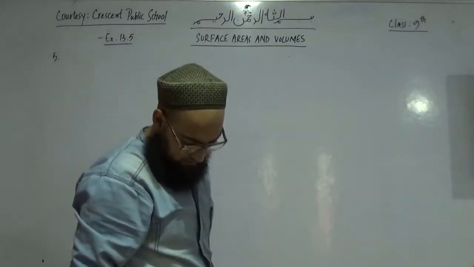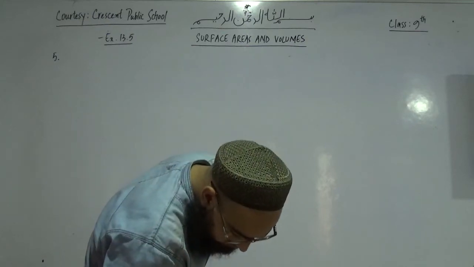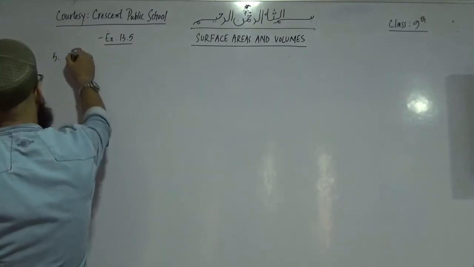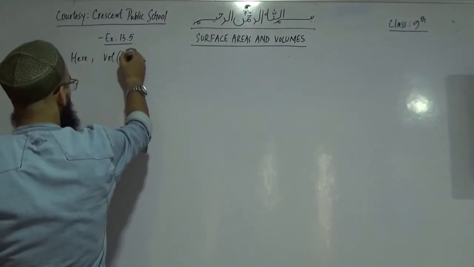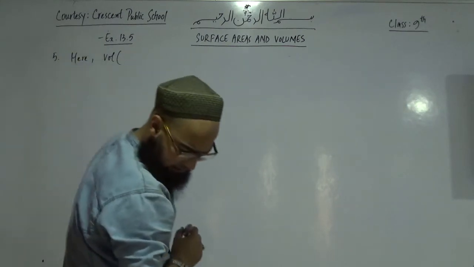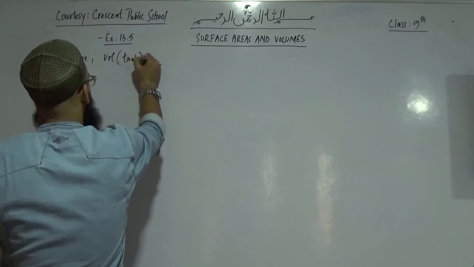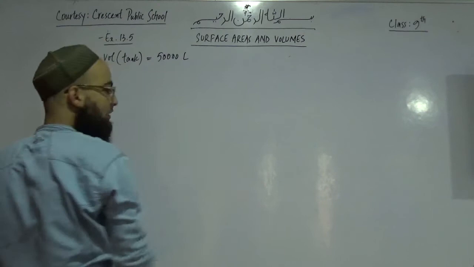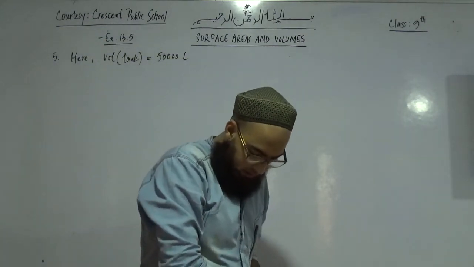Question number 5 says the capacity of the cuboidal tank is 50,000 liters. Capacity means volume. Volume of cuboidal tank, yes. Volume of tank is 50,000 liters. Now convert it to cubic meters because the rest of the dimensions are in meters.